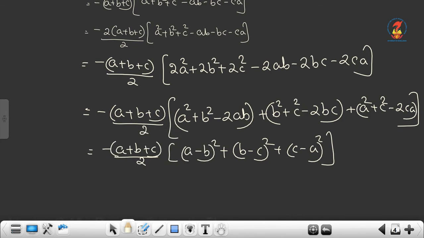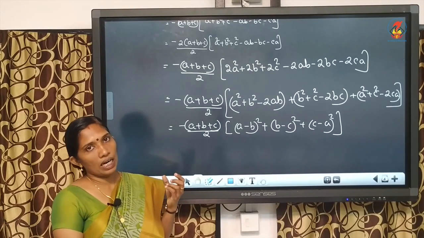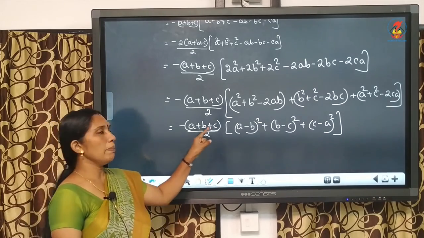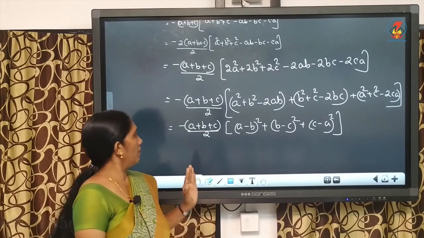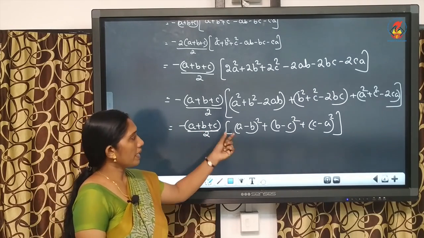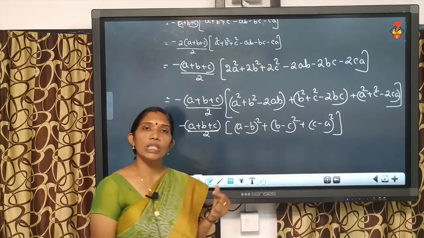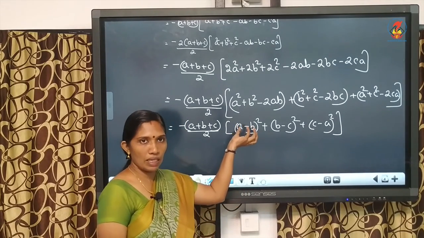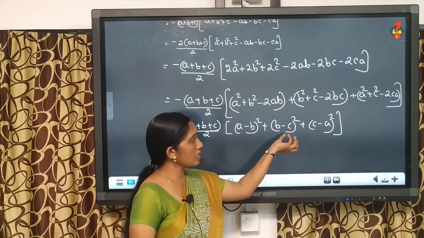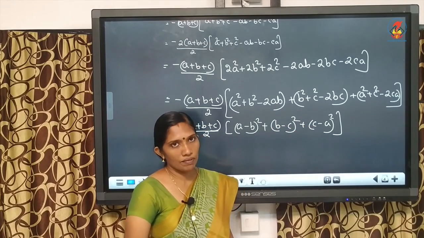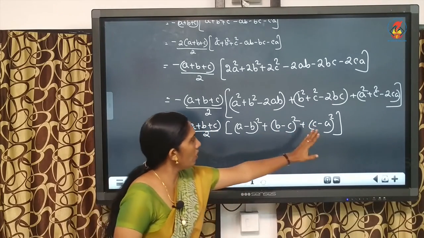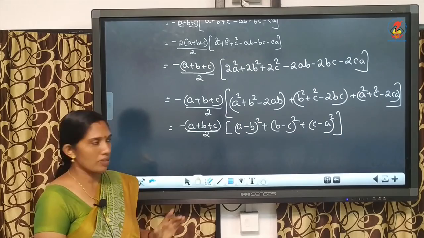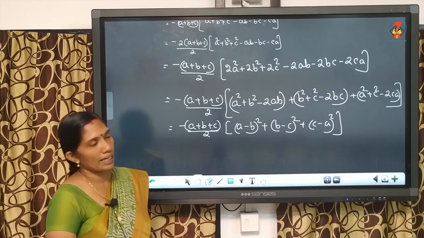Now we can conclude. Look, a, b, c are positive and unequal. So a plus b plus c is always positive. Then this bracket, a and b are unequal means this cannot be 0. It is a positive number, this is a positive number, this is a positive number. So this positive quantity into positive quantity, positive into negative is negative.